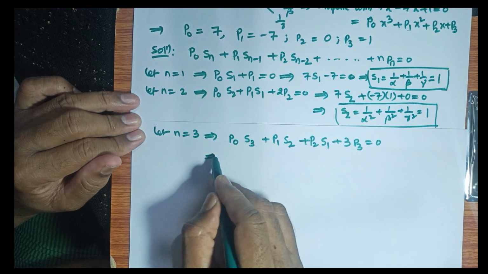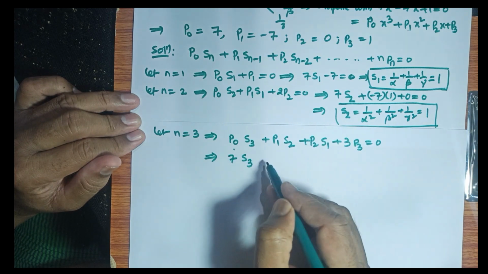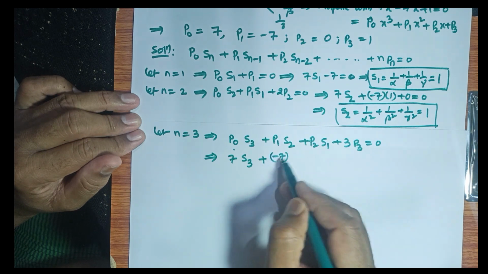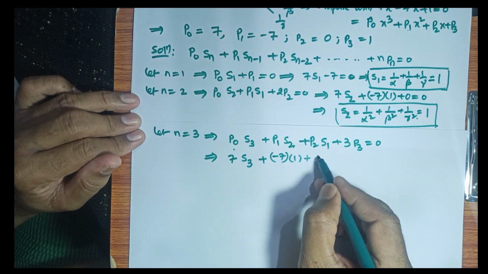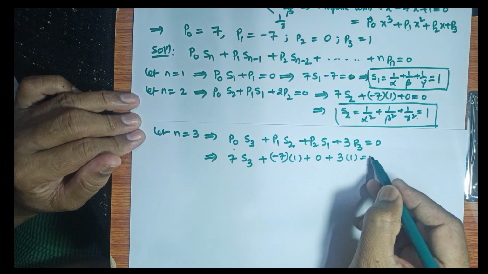So if you write it, P naught is 7, S3 we have to find, plus P1 is minus 7 into S2 is 1, plus P2 is 0, plus 3 into P3 is 1, is equal to 0.